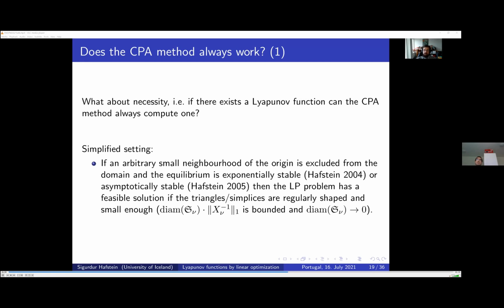What is proved there, essentially, is that if you make the linear programming problem, the simplices are small, and they also have to be in some sense regularly shaped. That means that this quantity here should be bounded even when we make the simplices smaller. It's not difficult to make a sequence of triangulations fulfilling this.